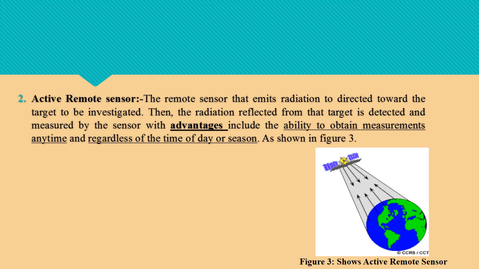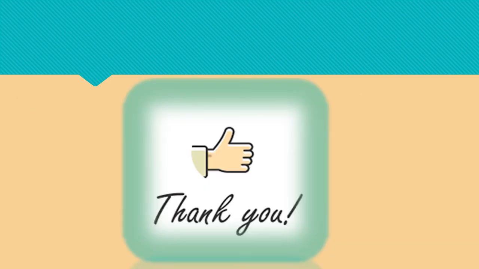As shown in figure 3, the remote sensor will illuminate the Earth or emit radiation to the Earth, and then the radiation will be reflected from the Earth to the sensor. And in this case, we call it active remote sensor.